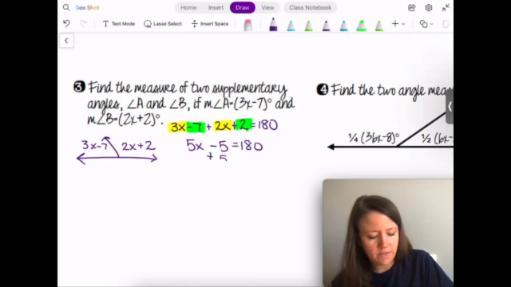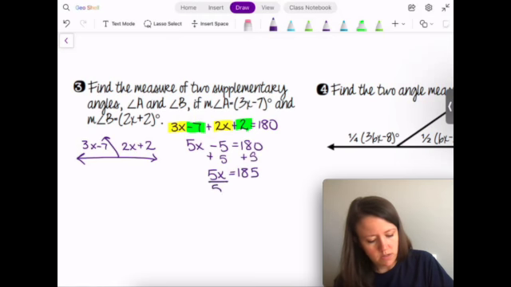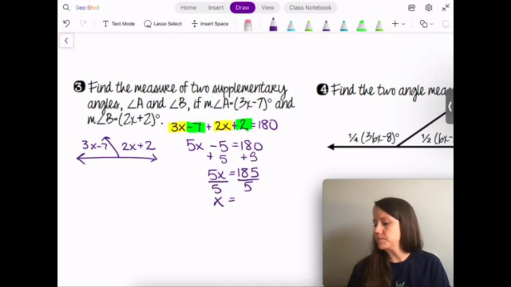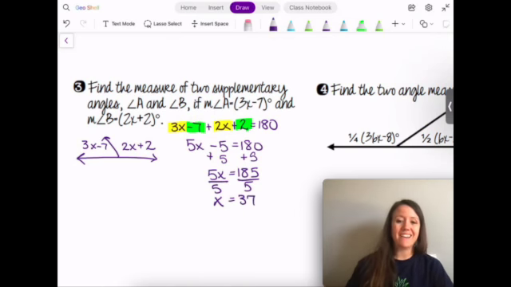I'm going to add 5 and divide by 5 to get that x equals 37. Now, again, I have not answered the question because I have not actually stated what A or B is.